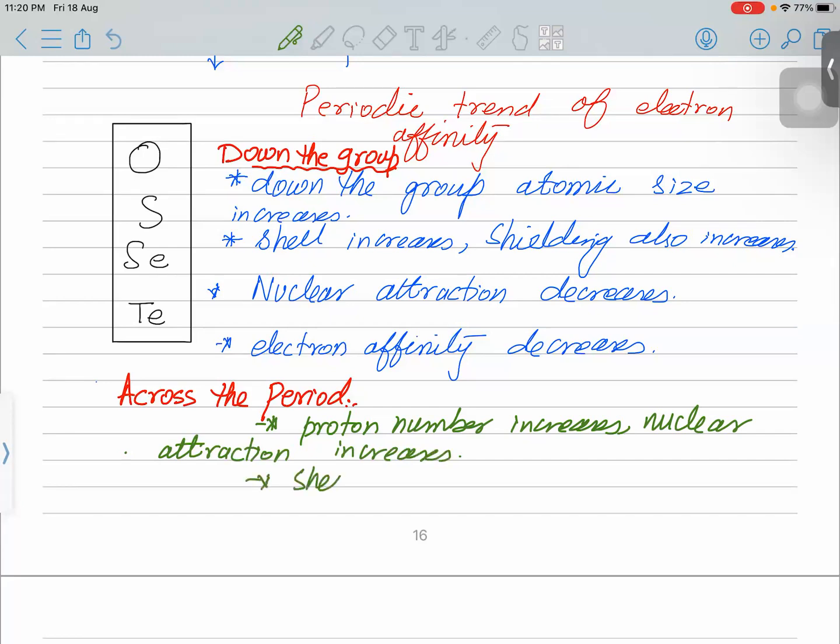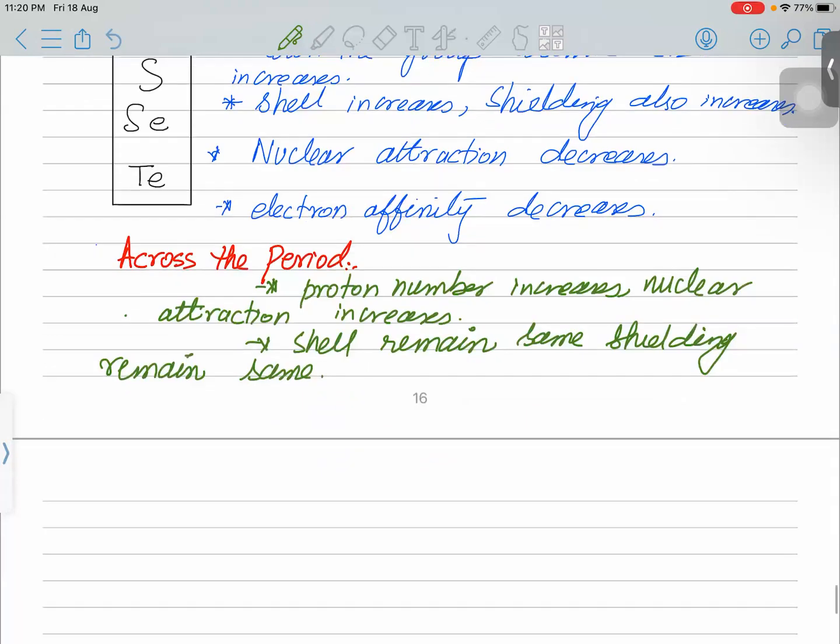Shell remains same, shielding remains same. So can you tell me what about the electron affinity as the proton number increases?